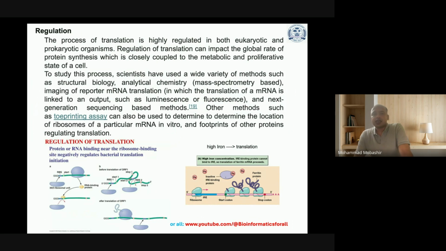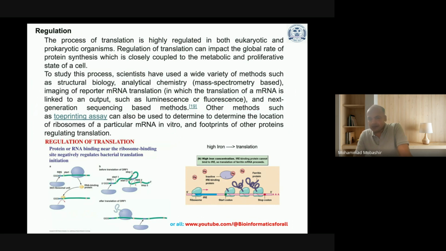Other methods such as toeprinting assay can also be used to determine the location of ribosomes on a particular mRNA in vitro and footprints of other proteins regulating translation. Now, protein or RNA binding near the ribosome binding site negatively regulates bacterial translation initiation. This is regulation of translation.